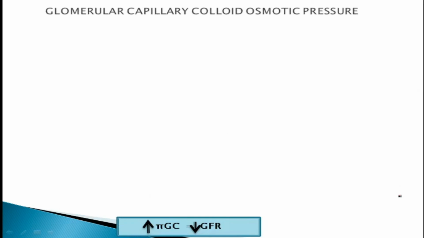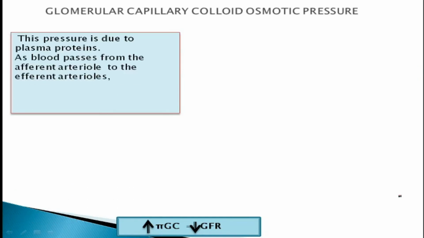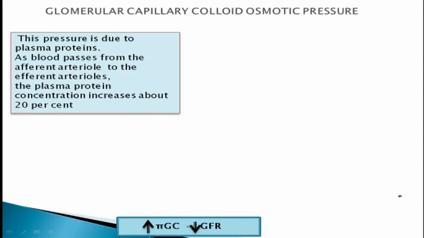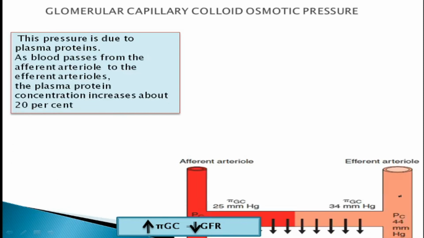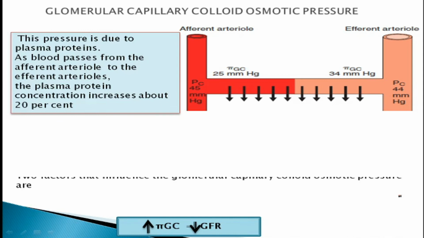Now moving on to the next determinant, that is glomerular capillary colloid pressure. Colloid pressure is due to plasma proteins. And we have discussed that as the blood passes from the afferent end to the efferent end, there will be increase in the colloid pressure because of the retention of the plasma proteins and filtration of the fluid across the capillary surface.